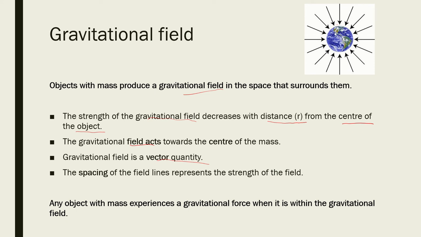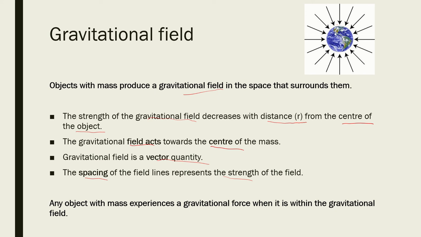So these arrows are pointing towards the center of the mass, or Earth, and you'll notice that the spacing represents the strength. So at the surface of Earth, these gravitational field lines are much closer together, and then as we go further and further away from Earth, we have more and more space, so the gravitational field strength is weaker.